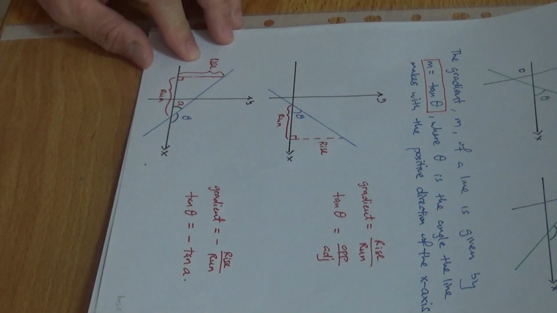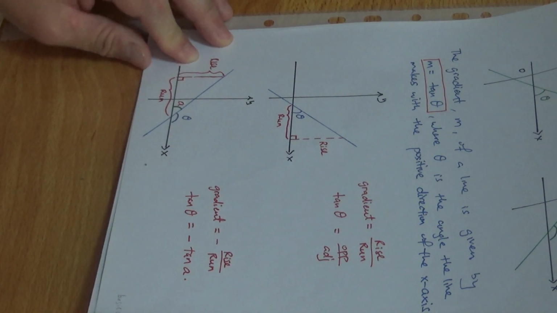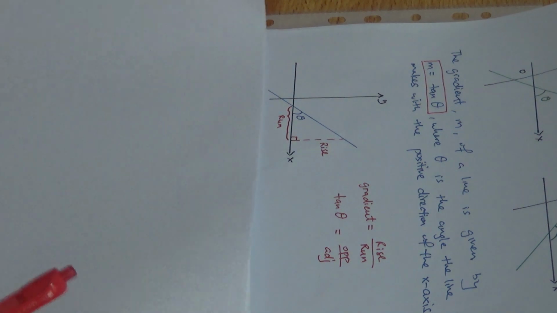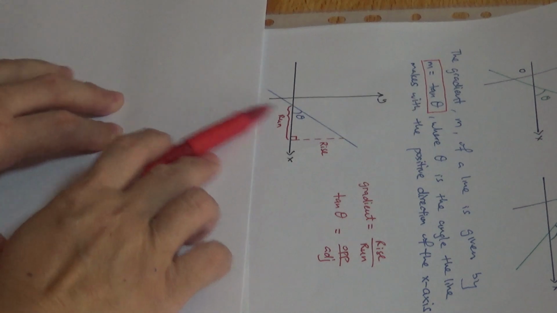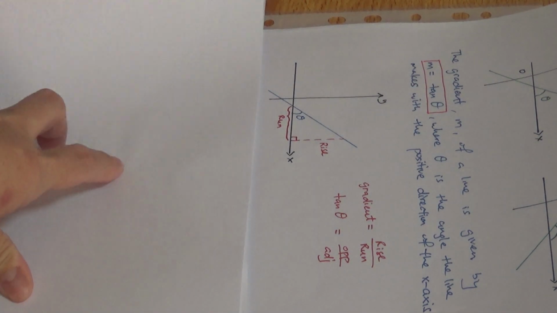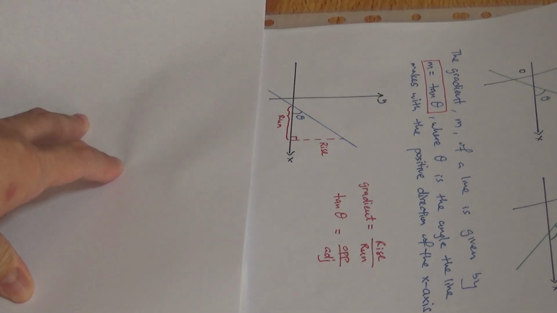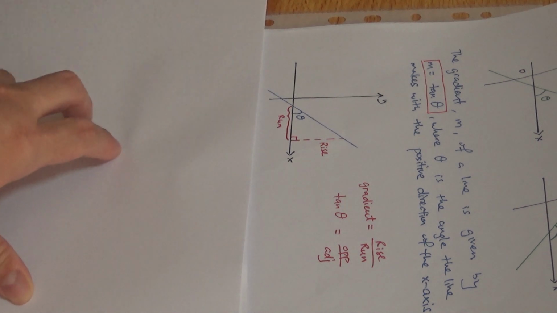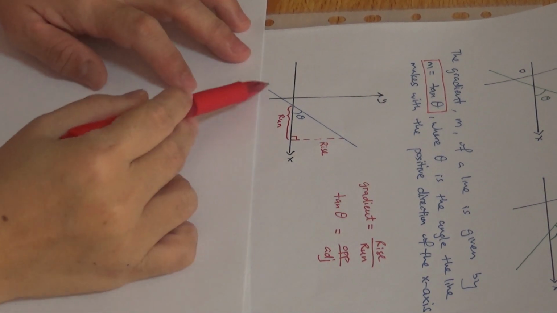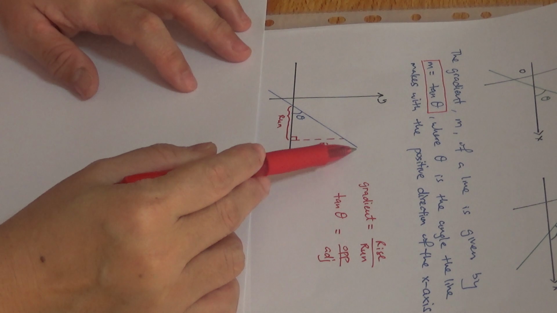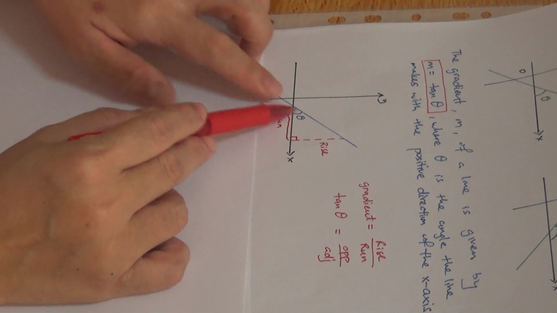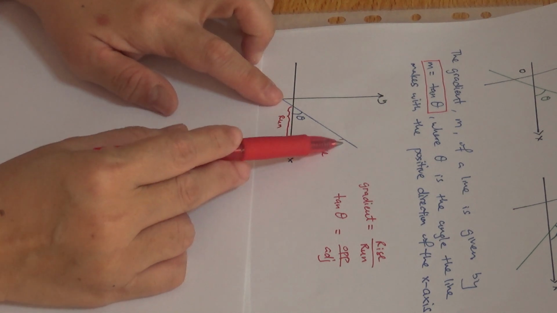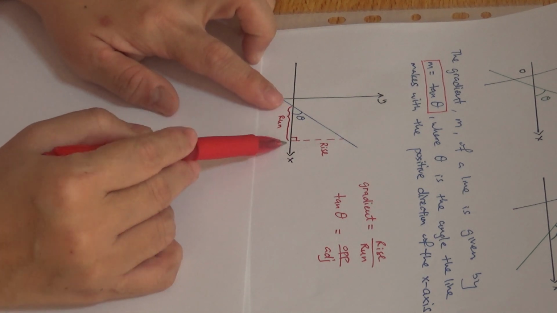Alright, let's look at the first situation, whereby the line slants this way. Now we know that a line slanting this way has a positive gradient, and gradient is given by rise over run. If I consider this triangle, this is the rise, this is the run.